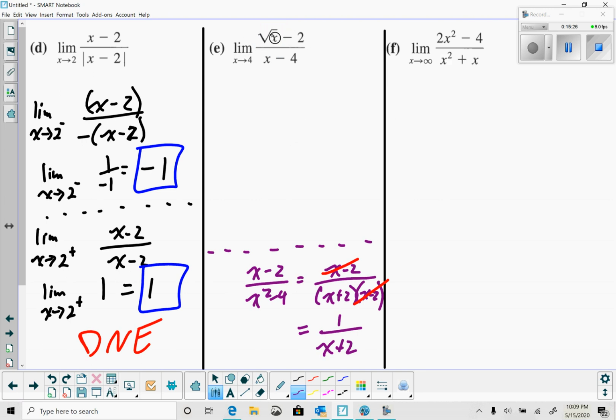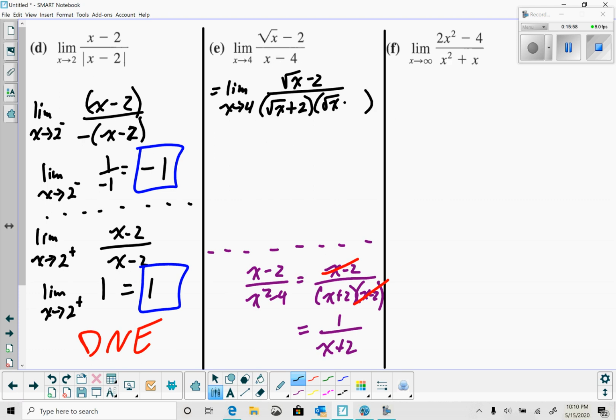So I'm going to use that basic template to say this is the same as the limit as x approaches 4, and I'm going to leave the square root of x minus 2 in the numerator, and I'm going to take this x to the first and factor that down into square root of x times square root of x. Now again, it's the difference of perfect squares.